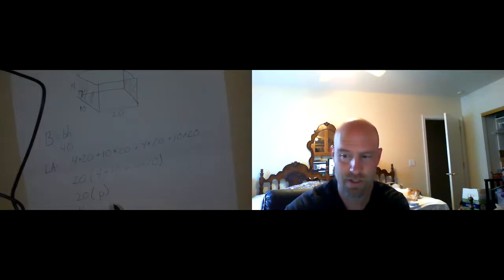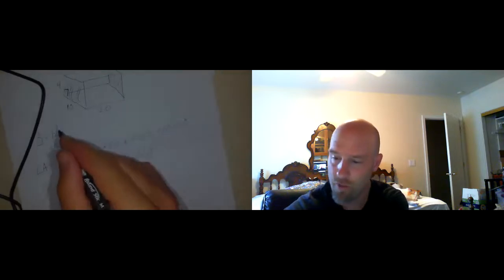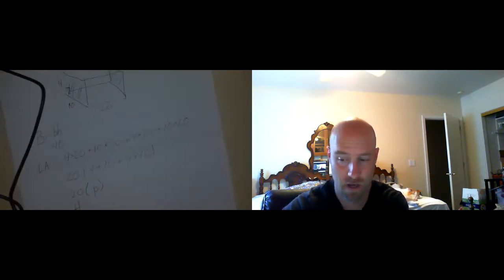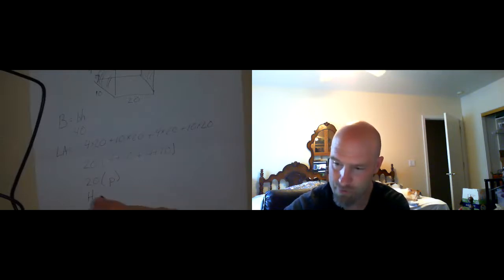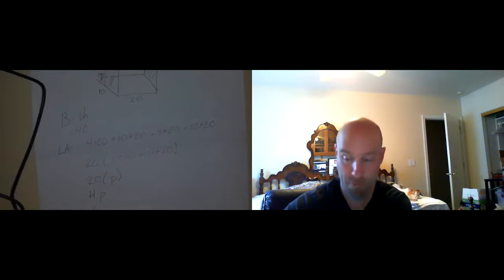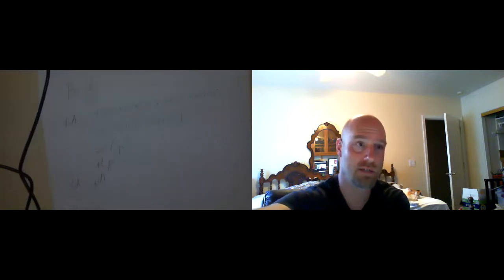Little h is the height of the base. Big H is the height of the prism. The height of the prism is the distance between the two bases. Remember, bases do not have to be top and bottom, so H times P or P times H. My lateral area of any prism is perimeter of the base times the height.